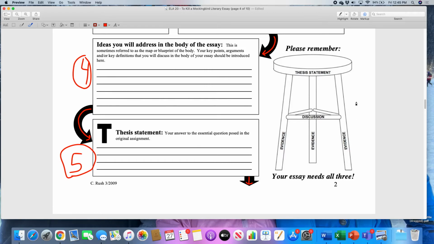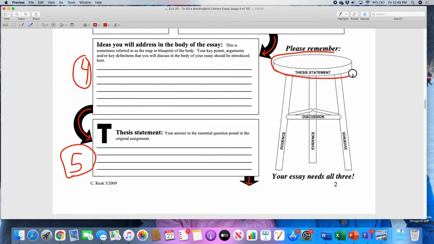Today, we're really just thinking about your main topic. You can start your introduction a little bit here, the ideas you'll address in the body of the essay, and finding evidence, working through these pieces as they make sense to you. Please remember that your essay is like a stool. Okay, it needs all of these pieces to support your argument. So your thesis statement is where you sit.